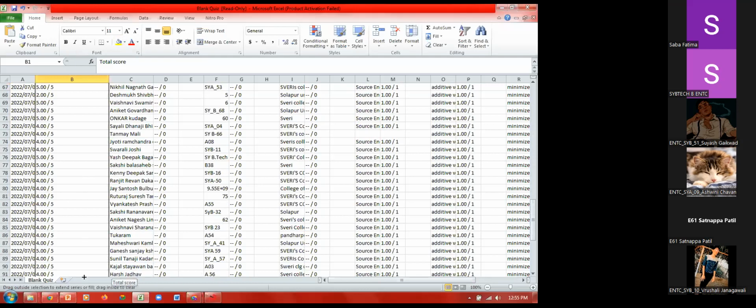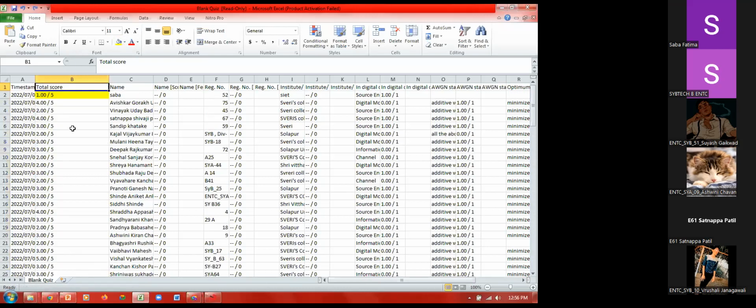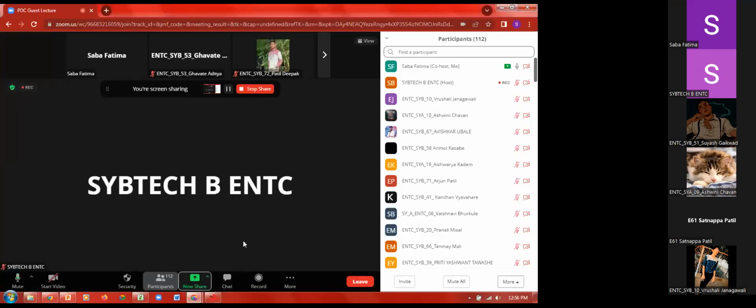If I have missed any names, please don't mind. Then Sonali and others have also tried to score. The score range is between 3 to 5, or 3 to 4. On average, you were able to perform up to 60 to 70%.